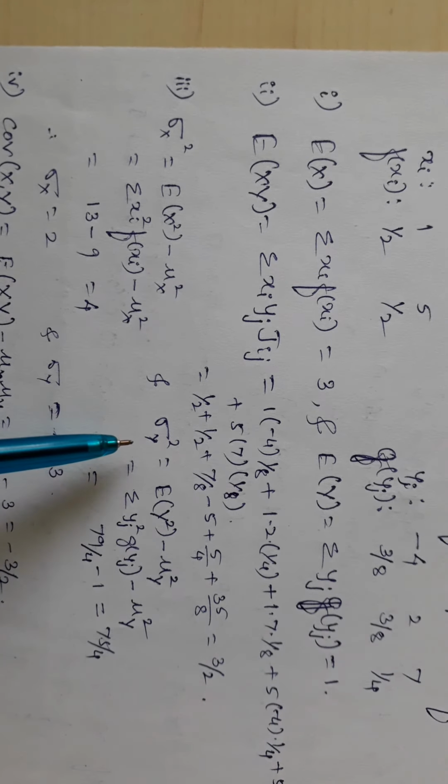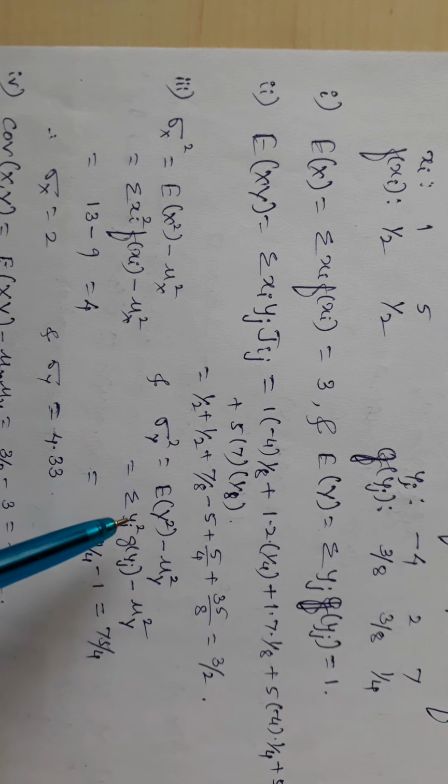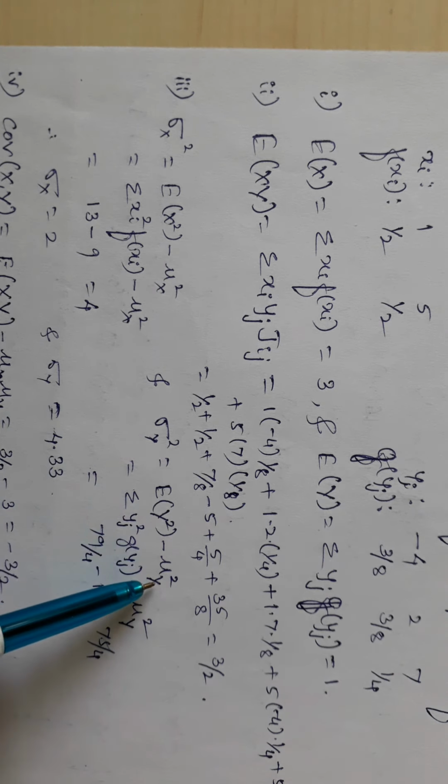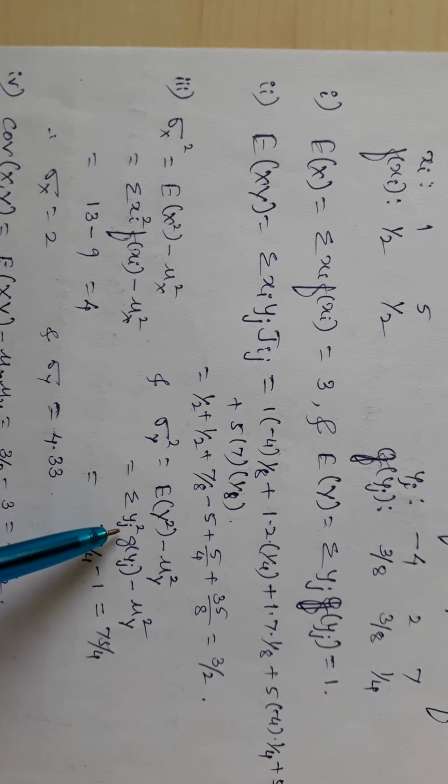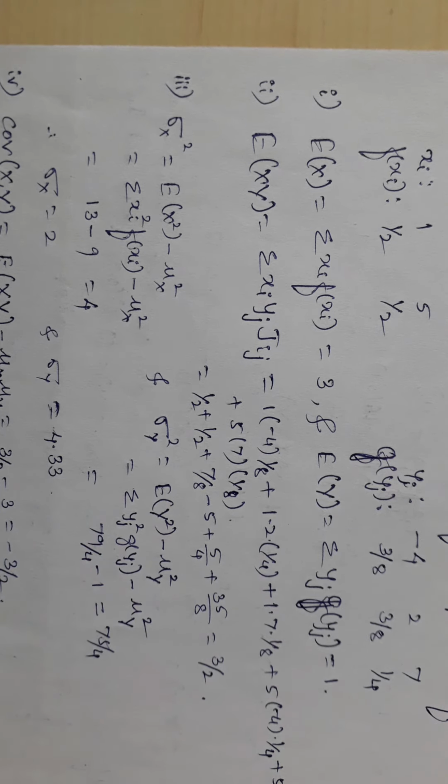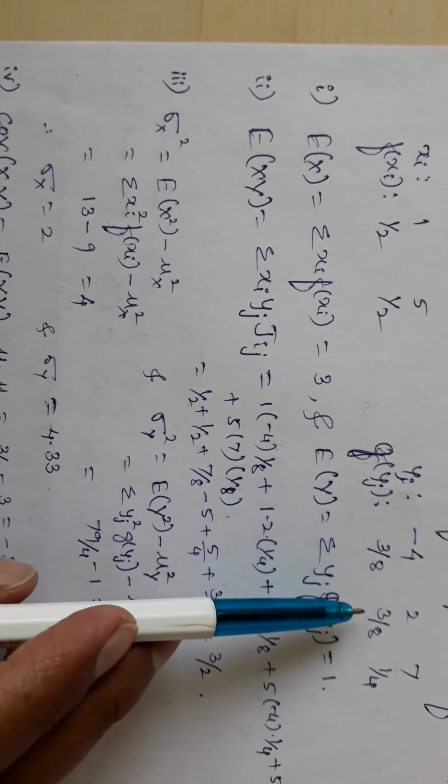Now we want sigma y, but first we need to find sigma y square, that is the variance of y. We have the formula expectation of y square minus mu y square. Already we have the expectation of y, so we only need the summation of yj square into g of yj. We have the y values and g of yj values.